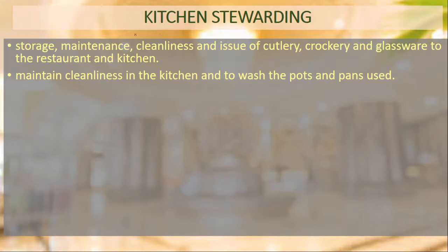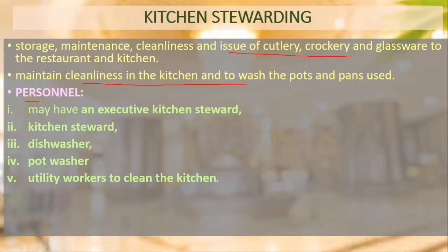Then you have kitchen stewarding, that is the task of storage, maintenance, cleanliness and the issue of cutlery, crockery and glassware. They have to maintain the cleanliness in the kitchen and wash the pots and pans used. तो cooking हो गई. अब cooking के बाद जो utensils हैं उनको धोना भी पड़ेगा. So here the personnel which are involved are executive kitchen steward.